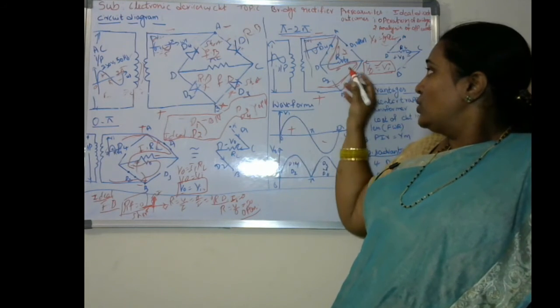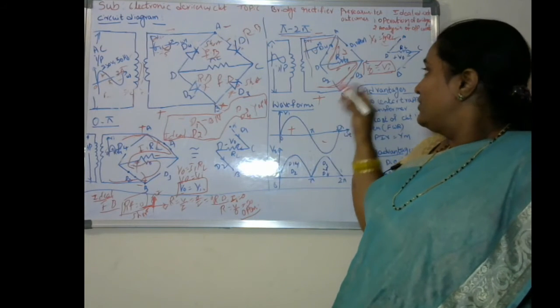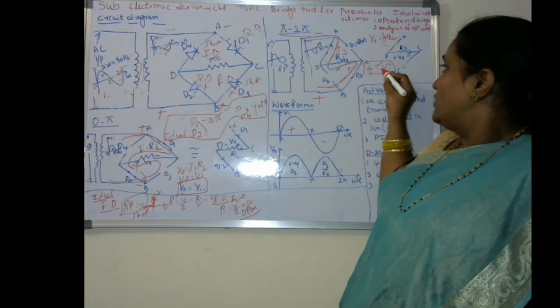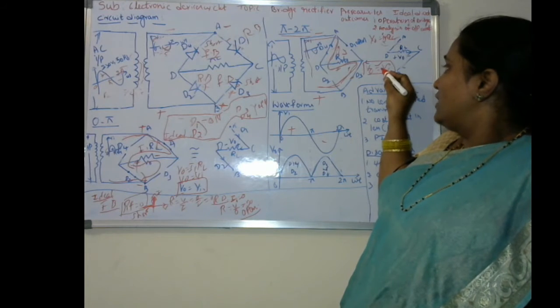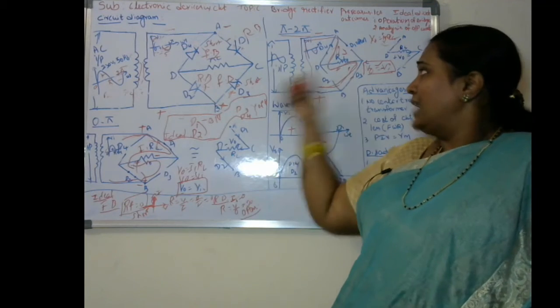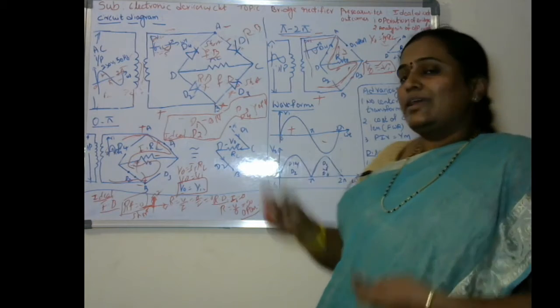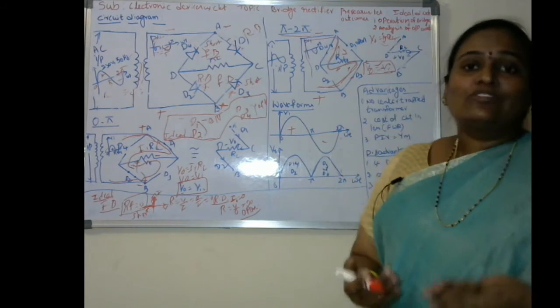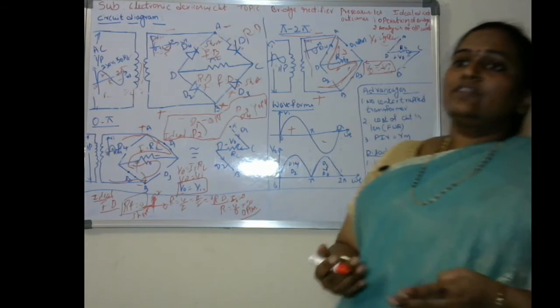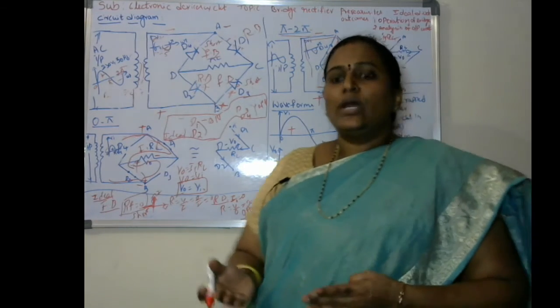So for the reference of the voltage drops we consider here, V0 will be minus of Vi. Since the directions are different, for notation purposes we have to consider the potential and see whether they are positive or negative.